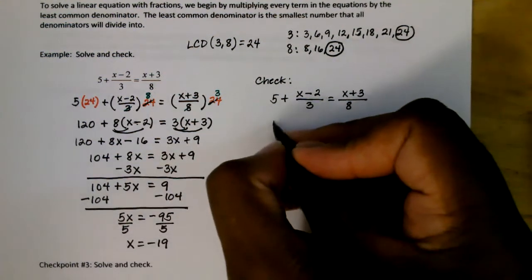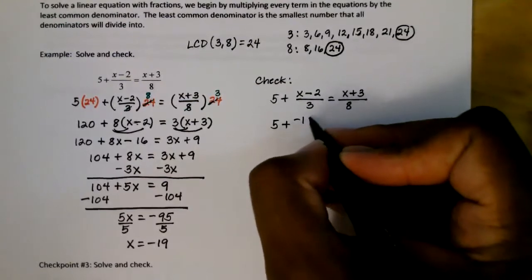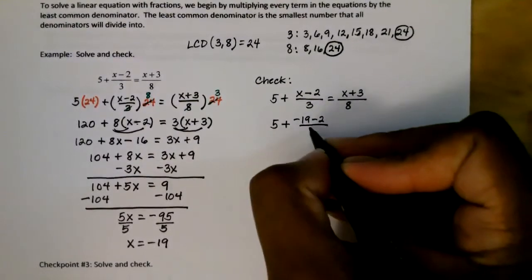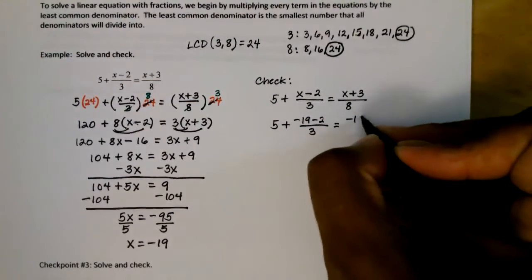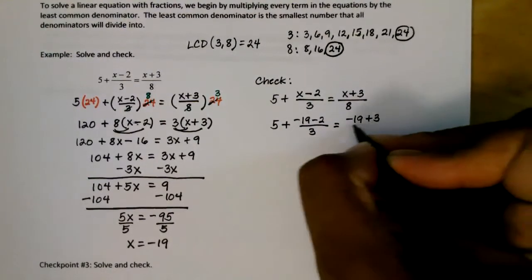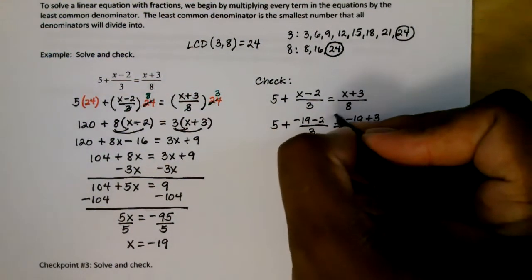So here I'm going to have 5 plus x, which is negative 19, minus 2, all of that over 3, equaling x again, that's negative 19 plus 3, all over 8. Again, let me put the question mark there.